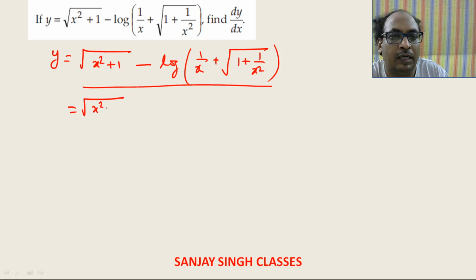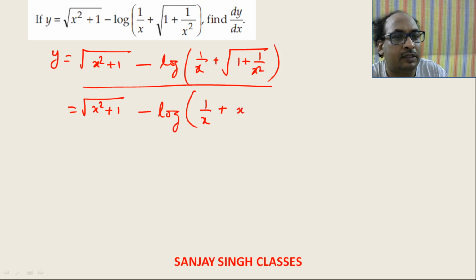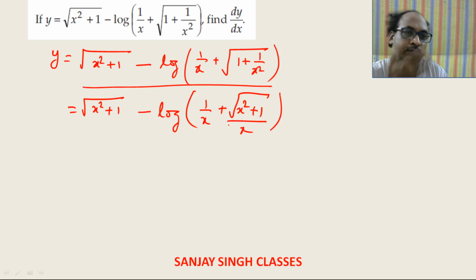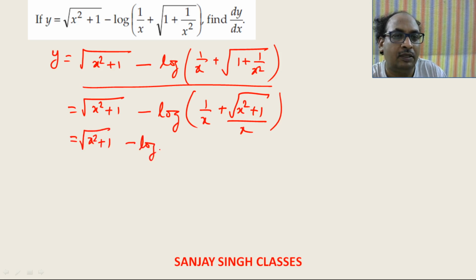Root x square plus 1, leave it as it is, minus inside log, what will we be doing? So it is 1 by x plus, so x square. So x square plus 1 whole root by it will be x only. Okay. Right. And it is giving us root x square plus 1 minus log, x is common. So 1 plus whole root x square plus 1 divided by x.